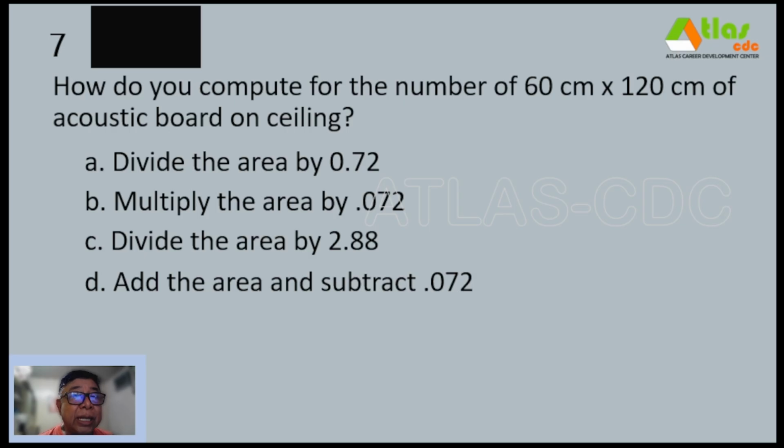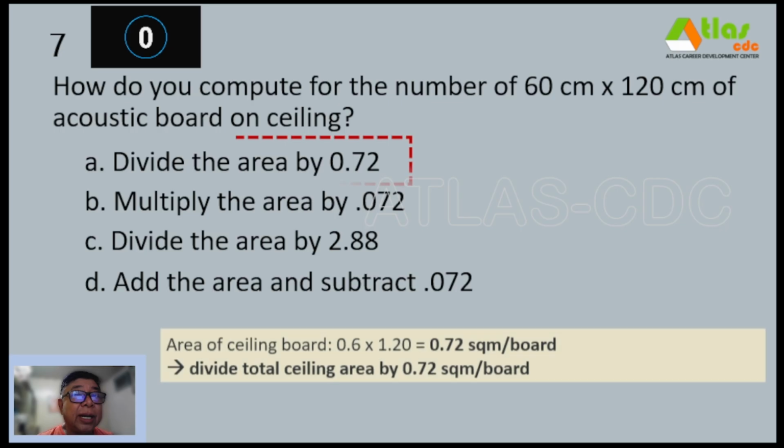Letter C, divide the ceiling area by 2.88. And D, add the ceiling area and subtract 0.072. And our correct answer is letter A.